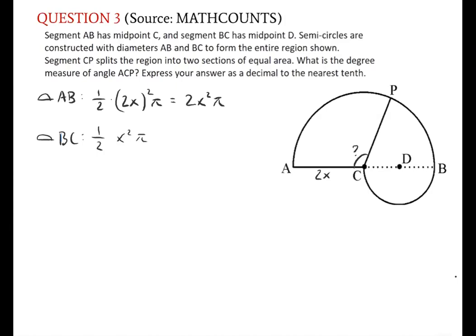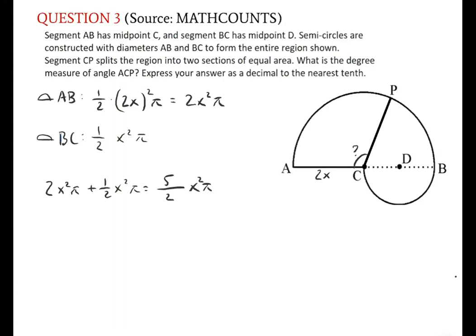So if we add these 2 areas up, we'll get a total area of 5 over 2 x squared pi.